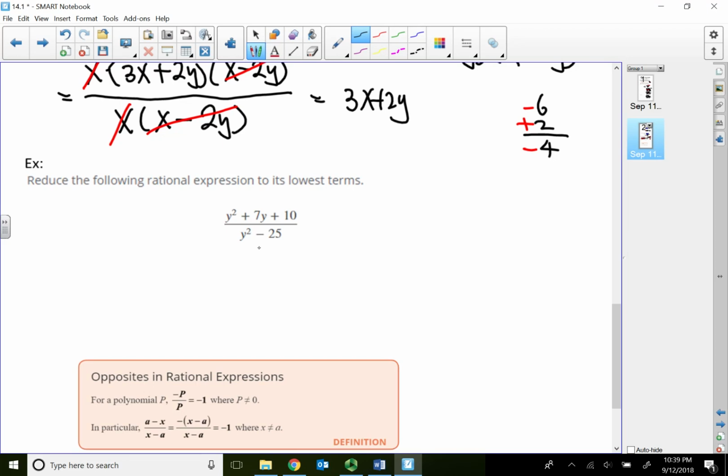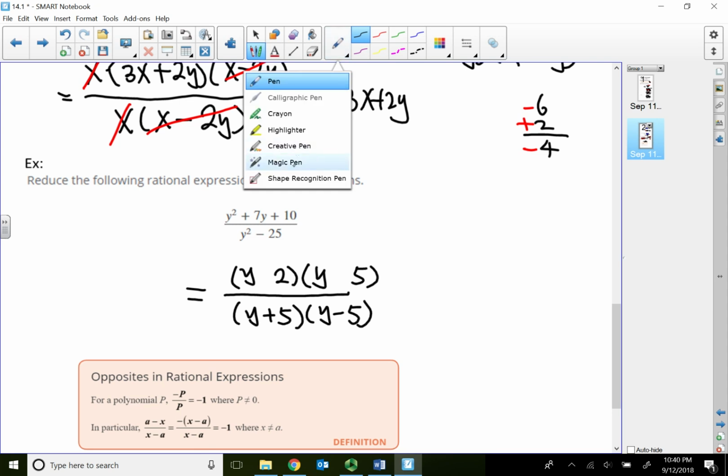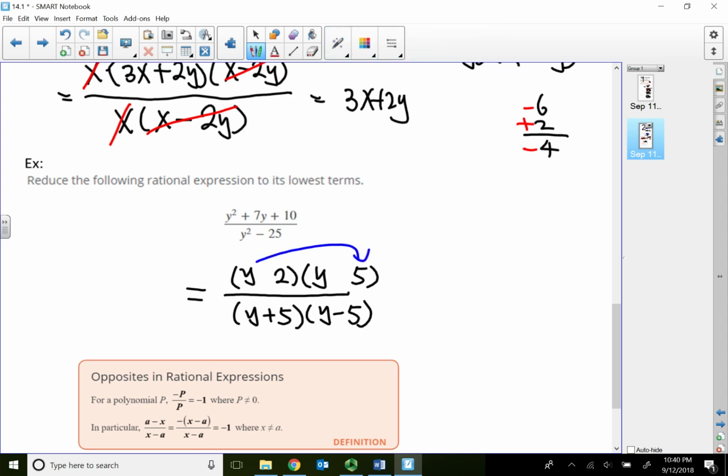This denominator right away is a difference of squares. So that's y plus 5 times y minus 5. All right, let's see the numerator. Trinomial. For y squared, I'm going to use y and y. For 10, I'm going to use 2 and 5. So now my outer and inner combined can give me my 7y in the middle.